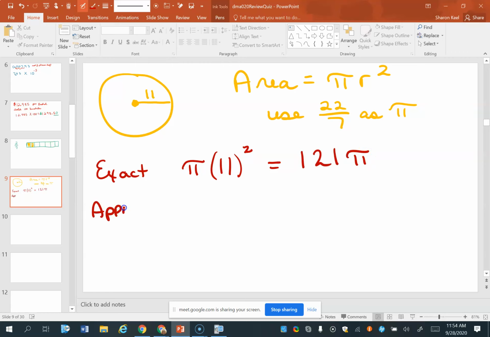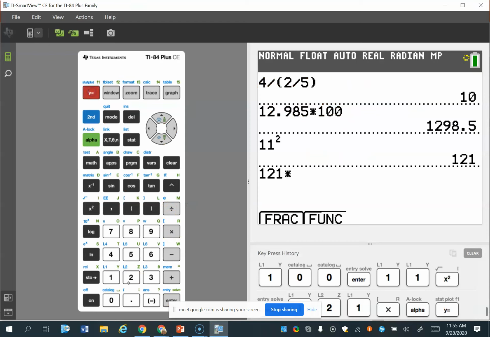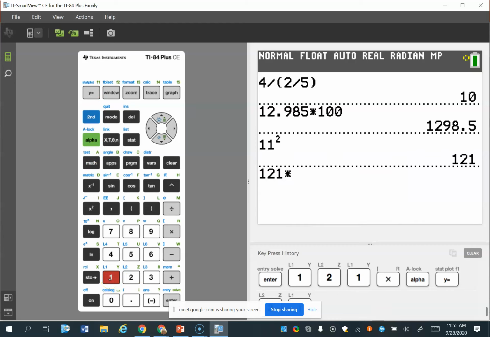For the approximation, we are going to do the 121, and we're going to substitute the fraction 22/7. So 121 times 22/7.